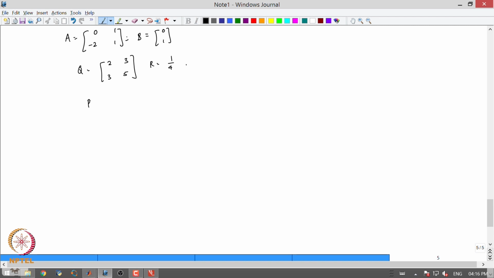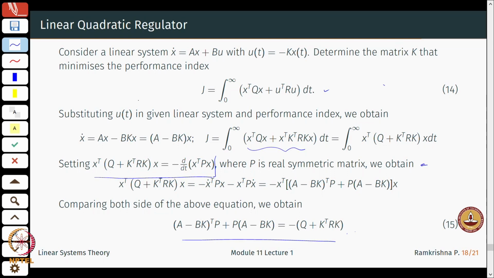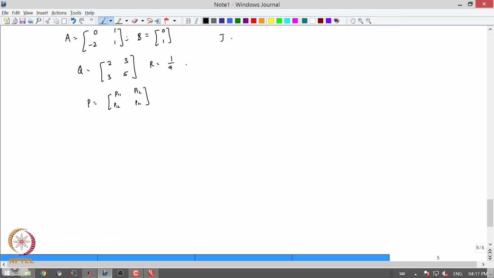So I again fix P as P11, P12, P12, P22, and I use the standard cost function, J is the integral from 0 to infinity of x transpose Q x plus u transpose R u dt.